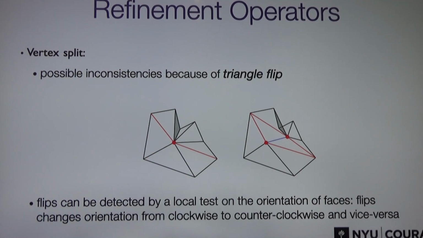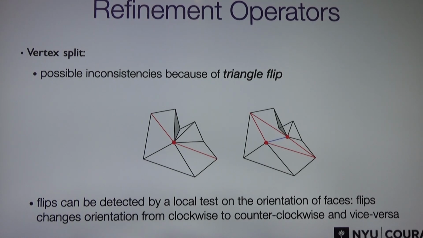Of course, as I've said before, you can have an inconsistent mesh because of a triangle flip after you create a vertex. So if you just create a vertex and randomly assign the edges, you will have a non-valid mesh like this. And these flips can be detected because you have to enforce the orientation of faces globally on the mesh.